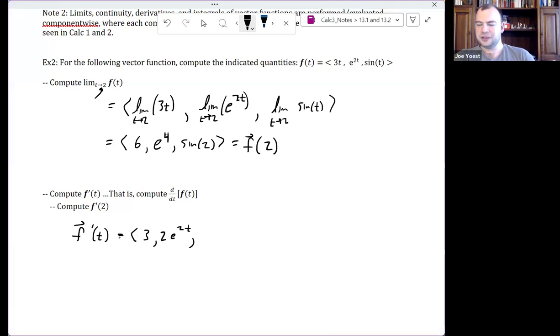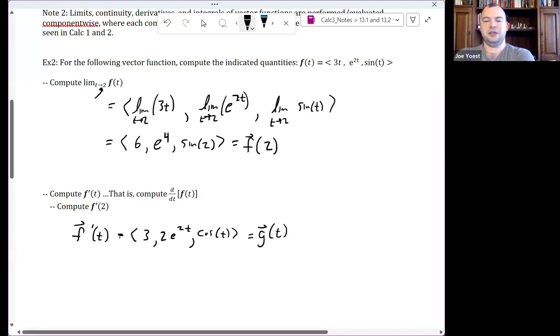Don't forget the chain rule. And the derivative of sine t is cos t. This is a new vector valued function. We could think of it as some g of t or something. It's a new vector valued function that represents the derivative of the original one.